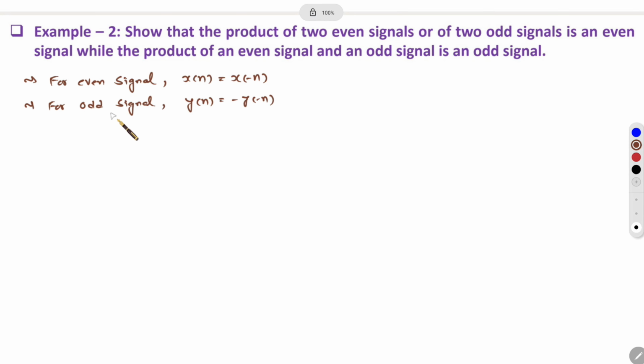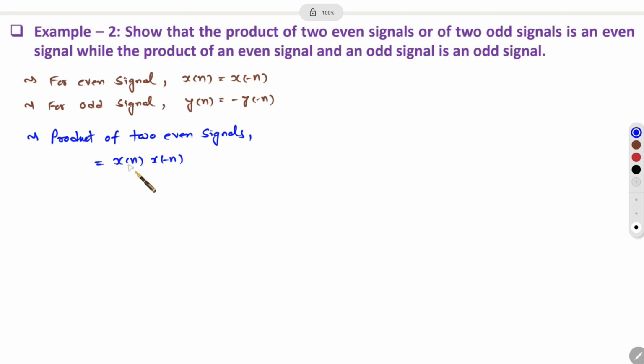Now let me explain the product of two even signals. Here I will perform the product of two even signals. We are considering x of n, which is an even signal, and I will multiply it with x of minus n, which is also an even signal. You will observe this product has to be an even signal.